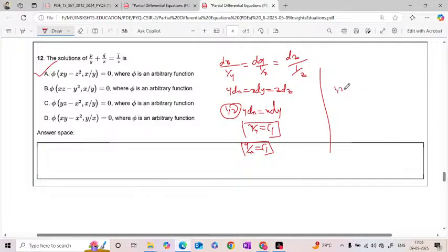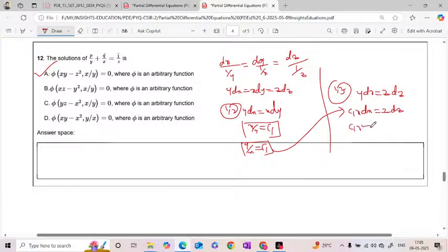You can take 1 3 or 2 3. Suppose we take 1 3, then what will happen? y dx is equal to z dz. Already y is equal to c1 x, so c1 x dx equals z dz.